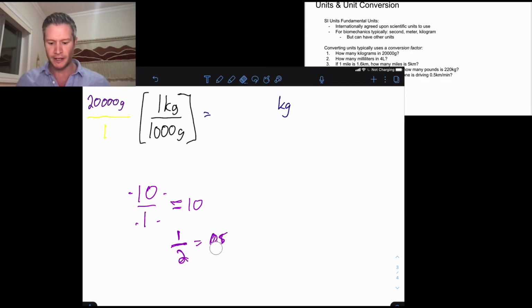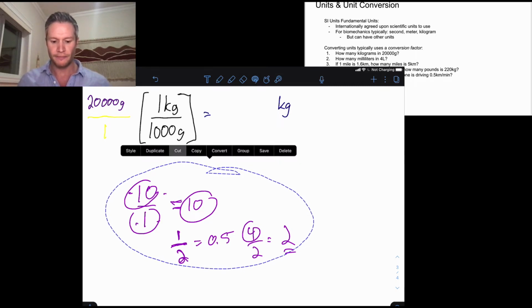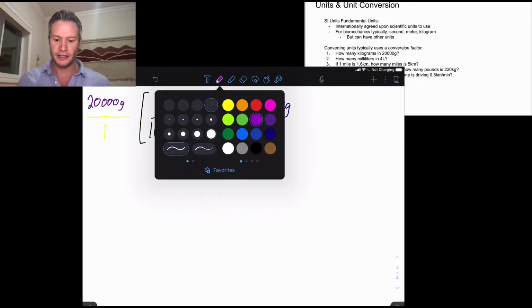But the reason I bring that up is just to illustrate what fractions actually mean. If I have 4 over 2, I actually have 2 of the things. So 10 over 1 is saying the same as 10. Great, so we have that premise established now.